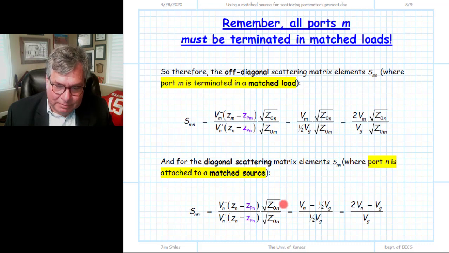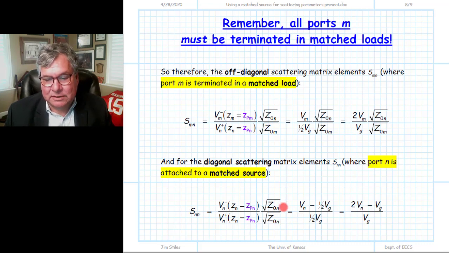Now in this case the square roots of the characteristic impedance will cancel each other out, because we're talking about the exiting wave on port n, the scattered wave on port n, and the incident wave on that same port n. So the incident and exiting wave for that port are going to, of course, have the same characteristic impedance because they're on the same transmission line. So this will always cancel out. Again, it doesn't cancel out for the off-diagonal elements because m and n are different, but it does cancel here because n is equal to n. These are both the same values.